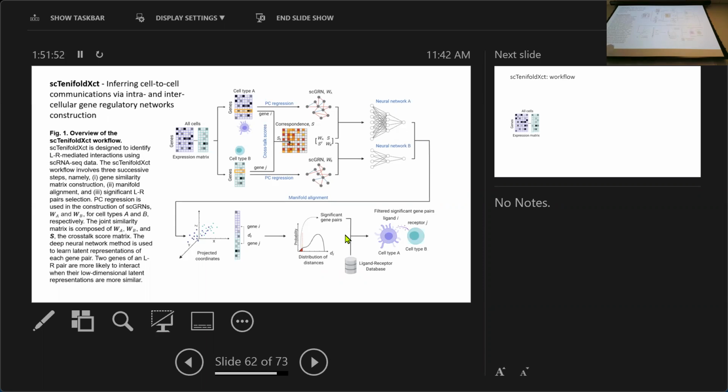By projecting this whole matrix to here, we will have not only local similarity but global similarity, meaning that we maintain the similarity within cell type A and within cell type B, and we also maintain the similarity between cell type A and B. So we have three similarities: similarity in A, similarity in B, and similarity between A and B. This is the comprehensive result considering these three factors.